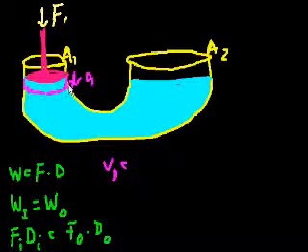And I'm assuming it's constant at that point, and then it changes after that. So the volume displaced equals area 1 times distance 1, right?